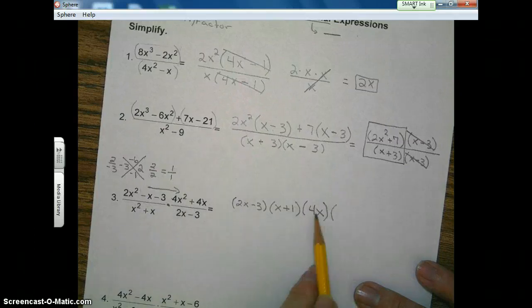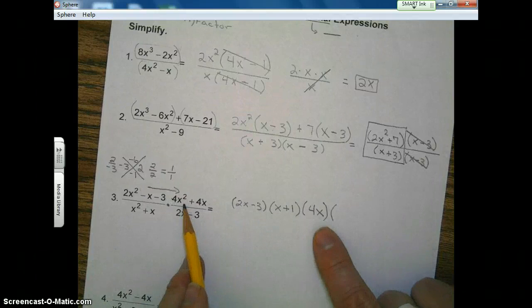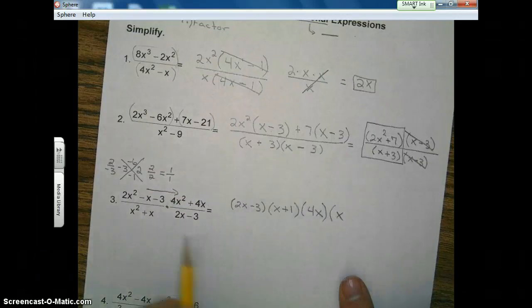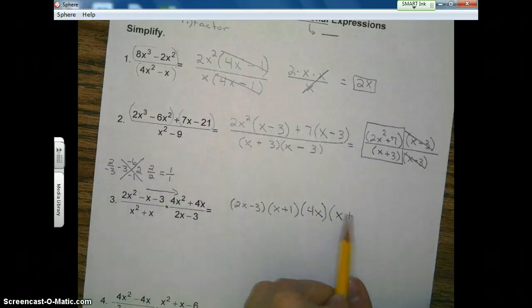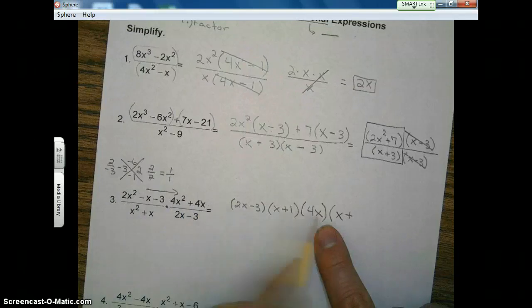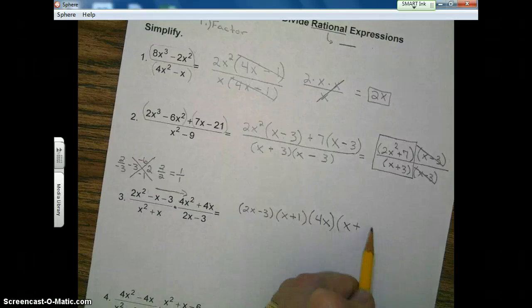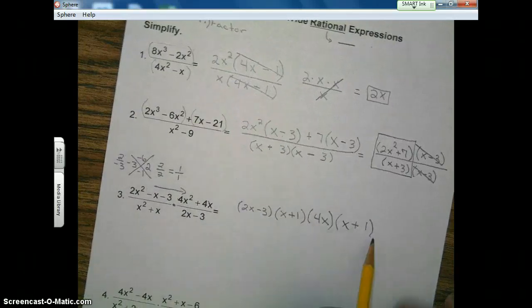Okay, so 4 divided by 4 is 1, x squared divided by x is x. Bring over the plus. 4 divided by 4 is 1, x divided by x is 1. Okay, so that's our numerator.